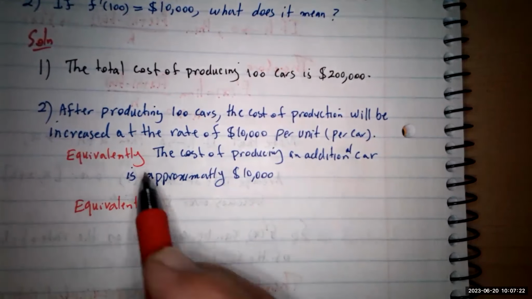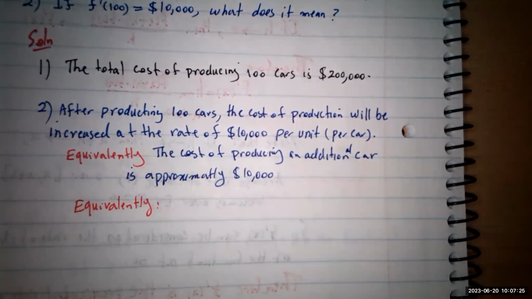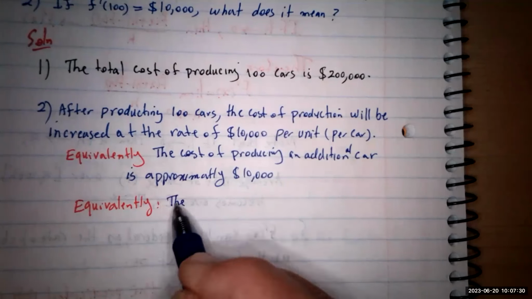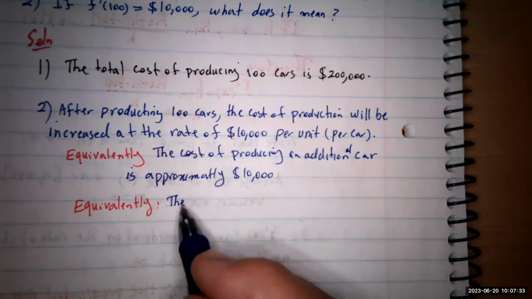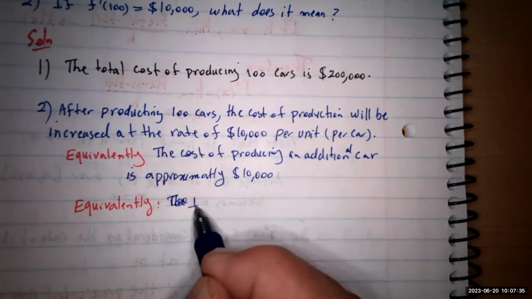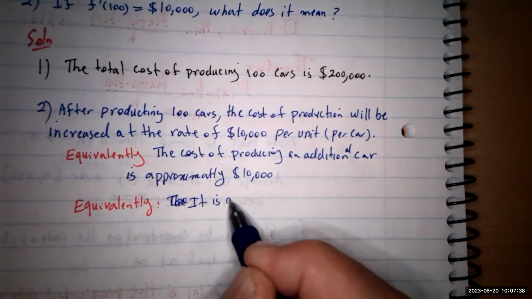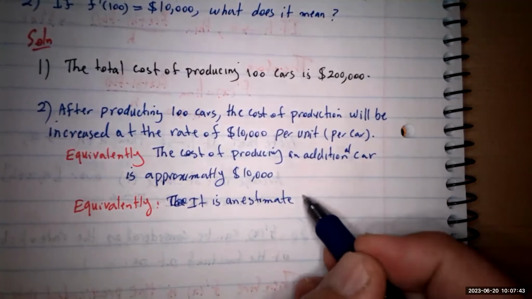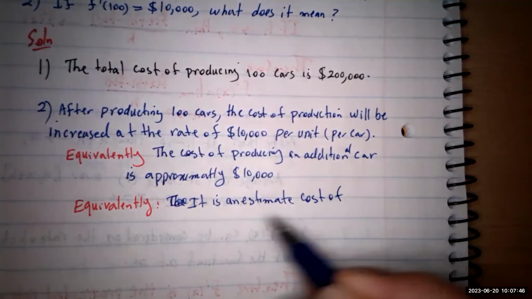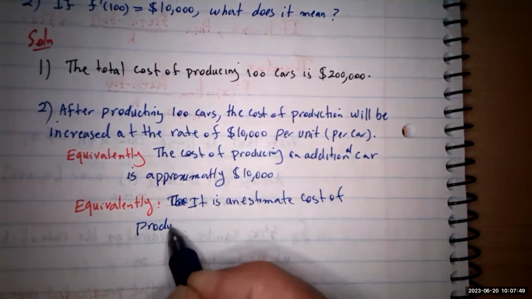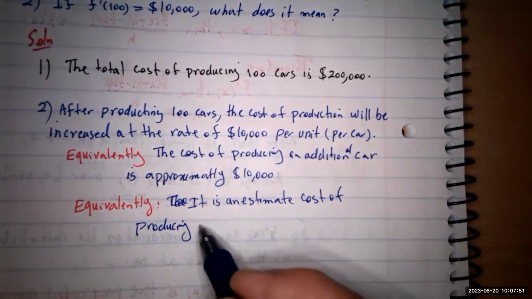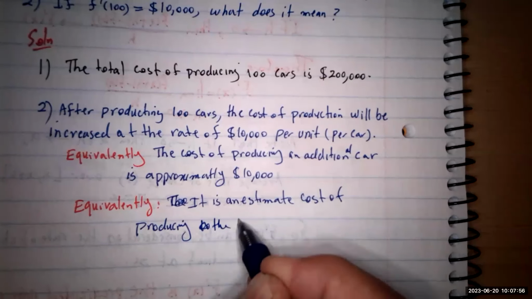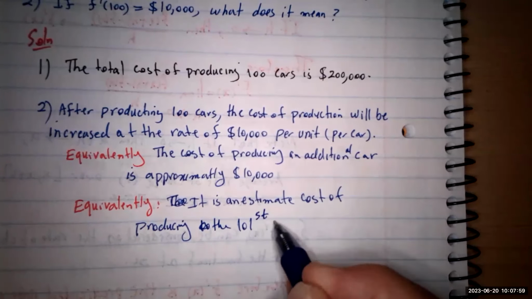Or some other people say this is going to be the approximate, it is an estimate cost of producing the next car, producing the 101st car.